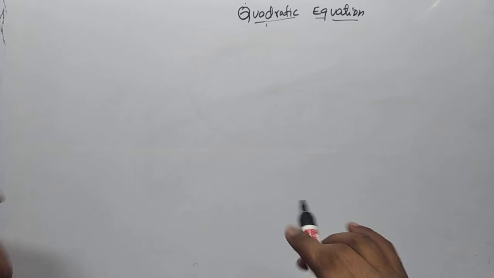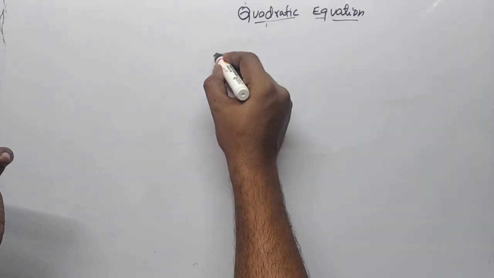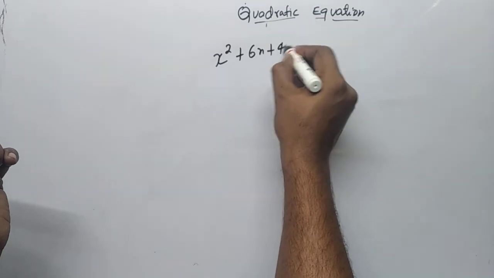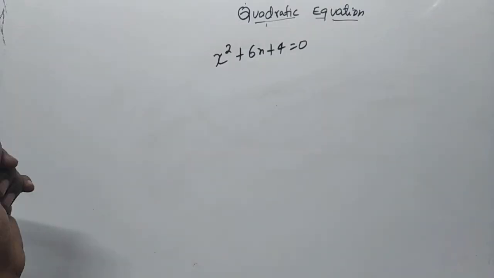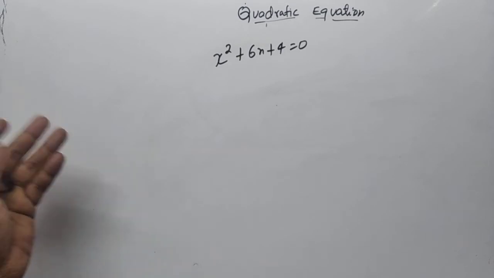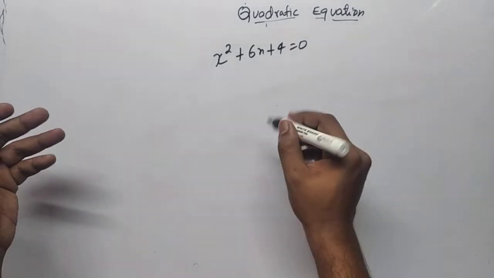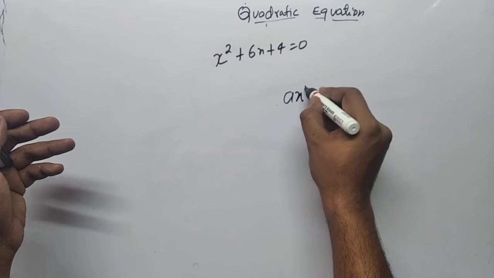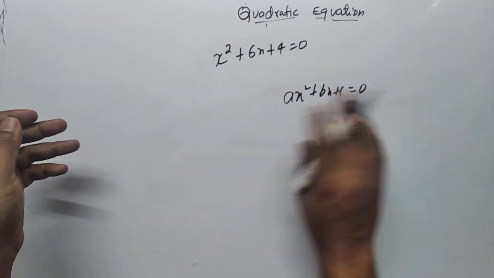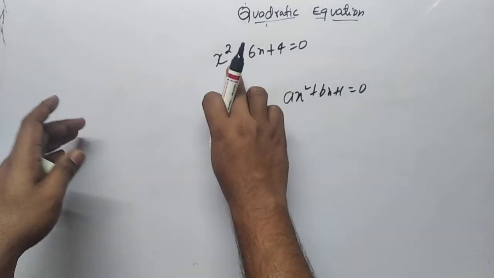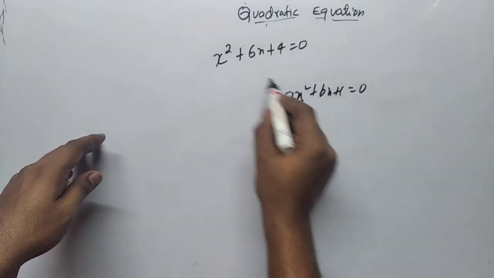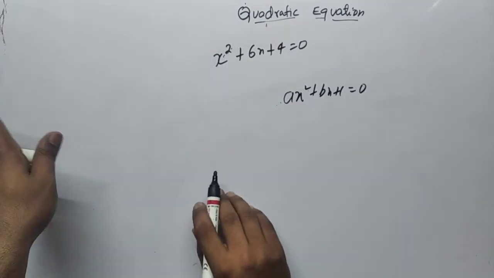Suppose I take an example: we have the equation x square plus 6x plus 4 is equal to 0. We have to determine whether this is a quadratic equation. We compare it with the standard one, ax square plus bx plus c is equal to 0. First, we have to find whether it has degree 2. Yes, we have an x square, so the degree is 2.